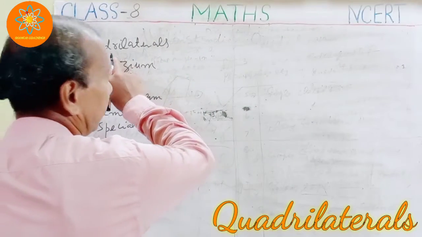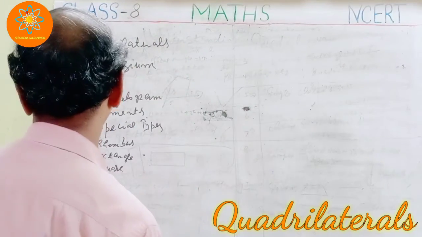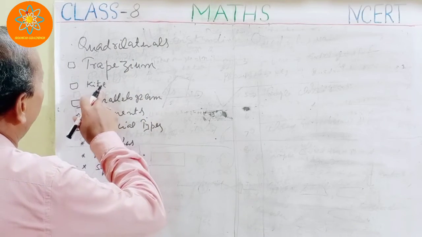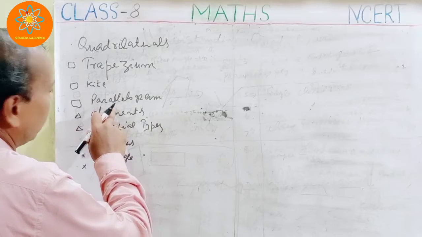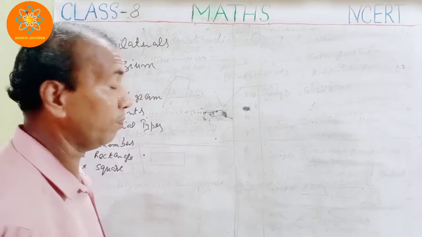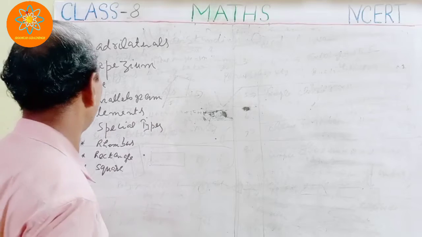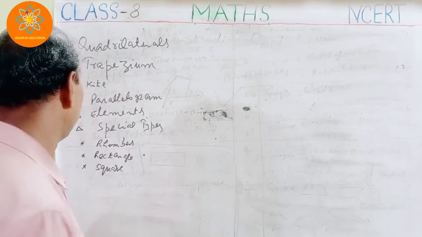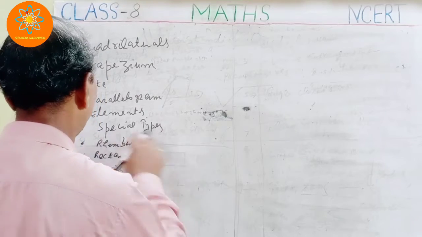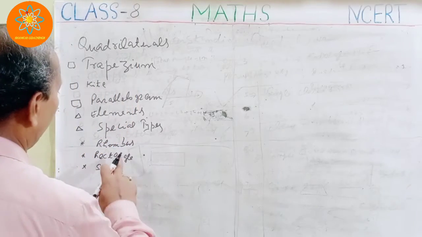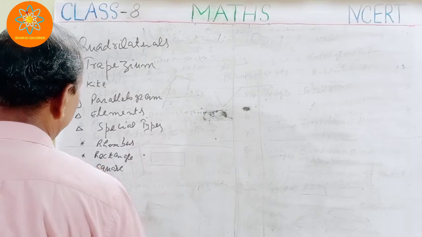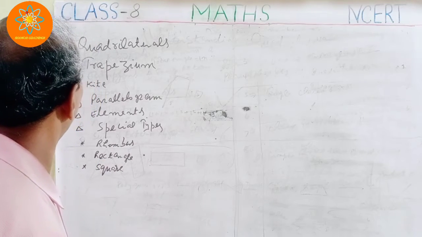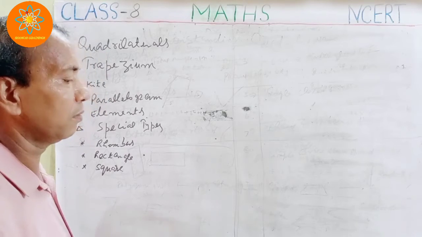See, next we will see the quadrilaterals. So we have the trapezium, kite, and parallelogram. In the parallelogram, we will discuss elements, and then we will discuss special types. In the special types, we have the rhombus, rectangle, and square. So I am starting with the trapezium.